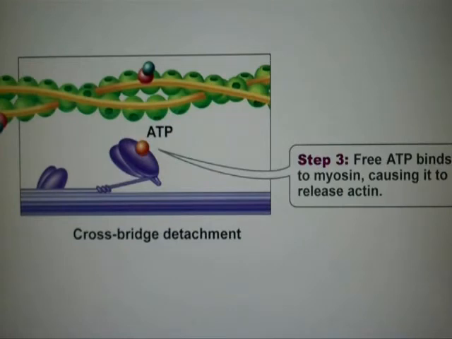Now we need some energy to cock that myosin back in place. So that's the gist of the sliding filament theory. Those basic steps where we start at rest, we attach, power stroke, detach, and that costs some energy, and then the recocking.